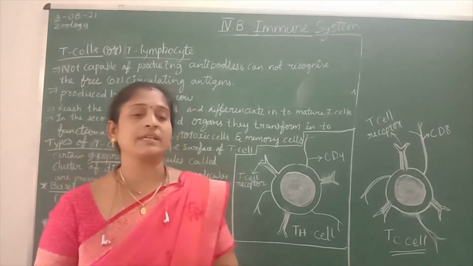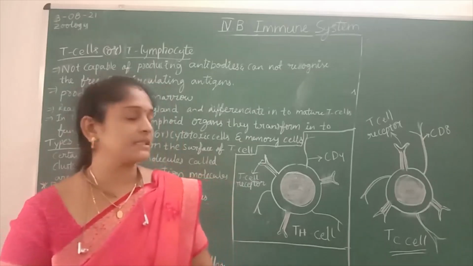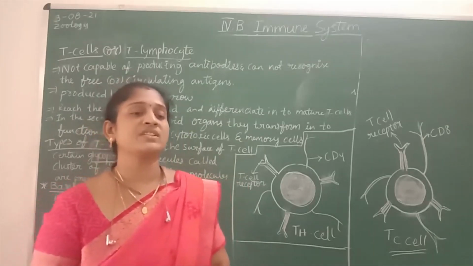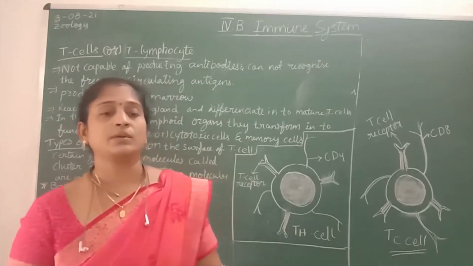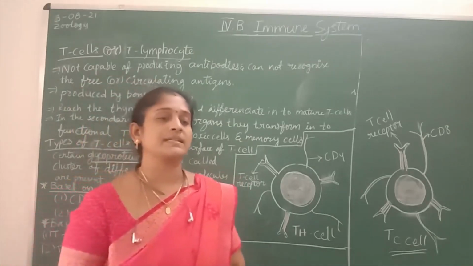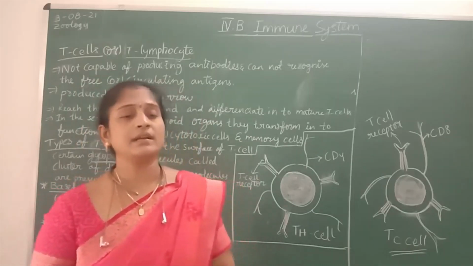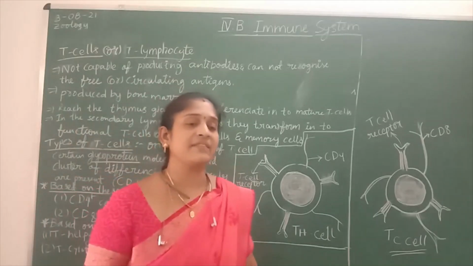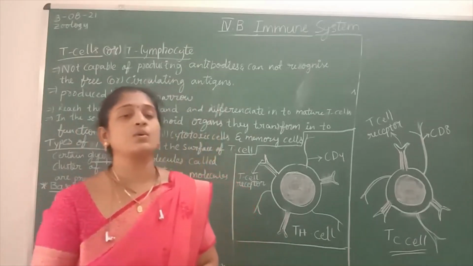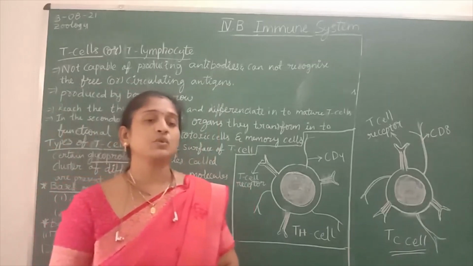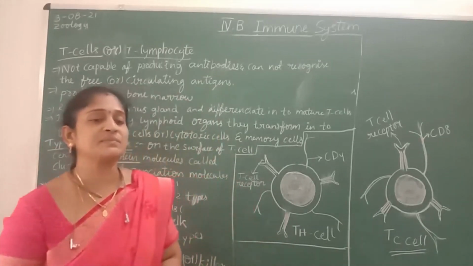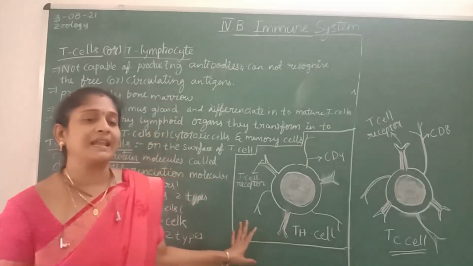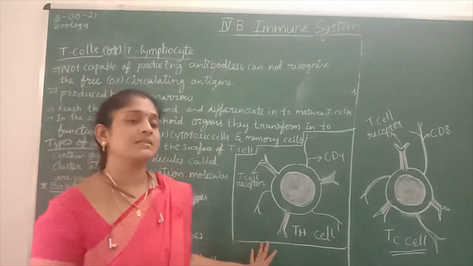They are differentiated into cytotoxic T lymphocytes or effector T cells, which kill and lyse the viruses, infected host cells, as well as the tumor cells. Tumor cells means cancer forming cells. They can lyse the cancer forming cells.